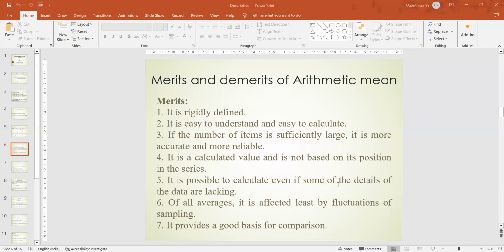It is more accurate and more reliable. It is a calculated value and is not based on its position in the series. It is possible to calculate even if some of the details of the data are lacking. Of all averages, it is affected least by fluctuations of sampling. It provides a good basis for comparison. So these are the merits of arithmetic mean.